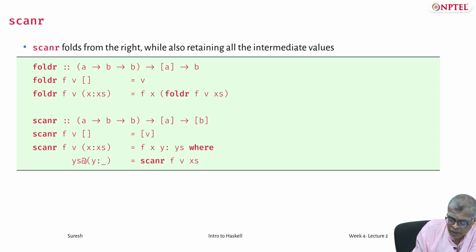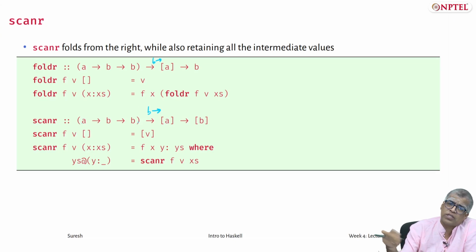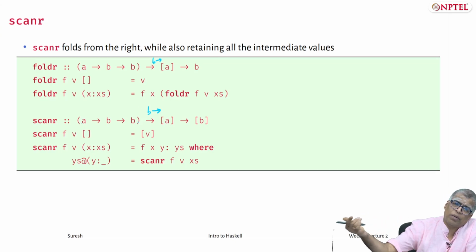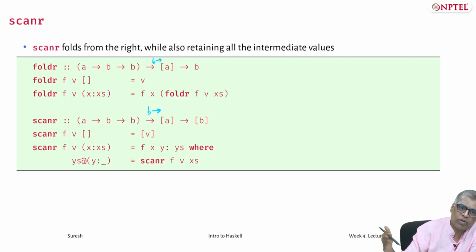So scanr is of type A arrow B arrow B, just like foldr, arrow list A, arrow an initial value B, arrow list B. So scanr f v of the empty list is the singleton list containing v, because v is the value corresponding to the empty list. Now for every suffix you will look at the value corresponding to that and then have it as part of the list.